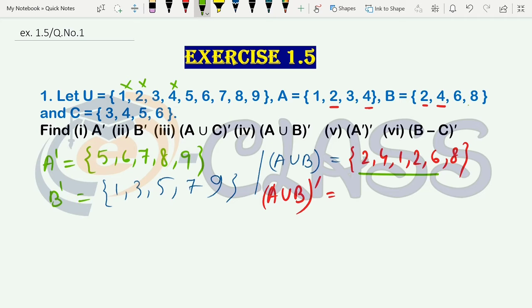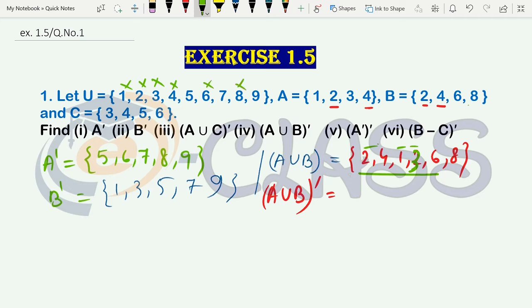There is a mistake: in A union B, I wrote 2 twice, so this will be 3. So we just ignore 1 2 3 4 and 6 8.